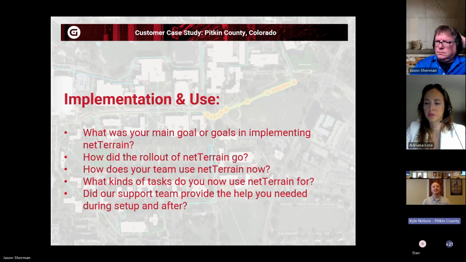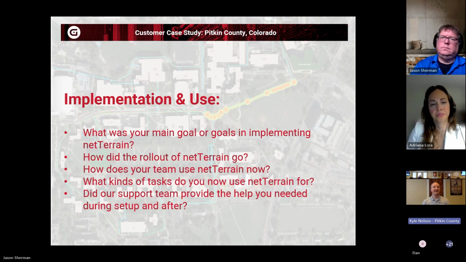The other part of it is we knew ahead of time that if we're going to install fiber underground, we're now responsible for not just maintaining it, but also responding to the 811 call outs for the utility locates. That's something we now use netTerrain for, as a starting point to know where to start looking if we need a reminder, and then we go and verify it with our handheld equipment.